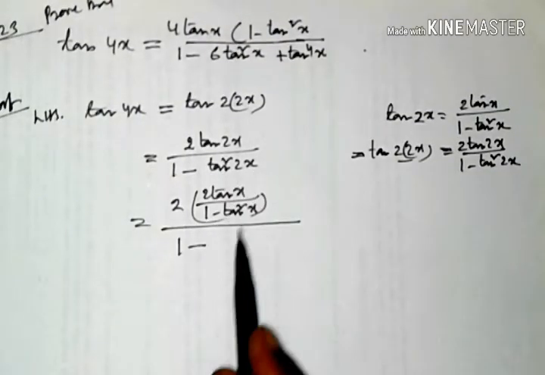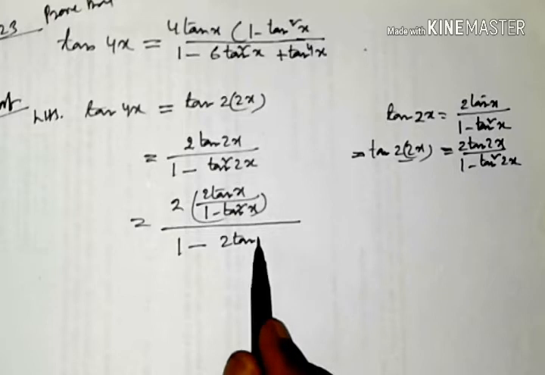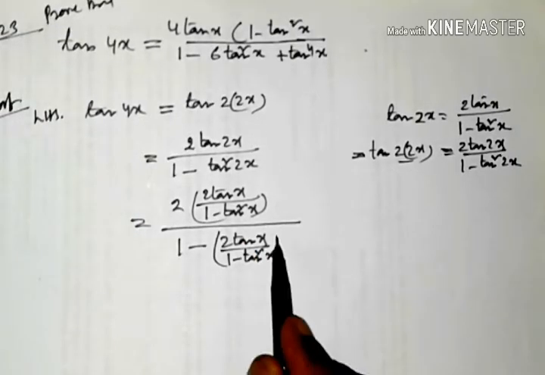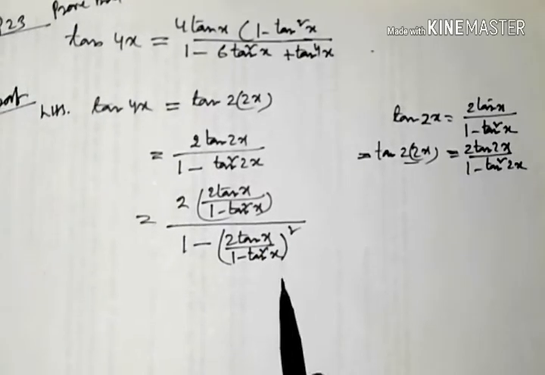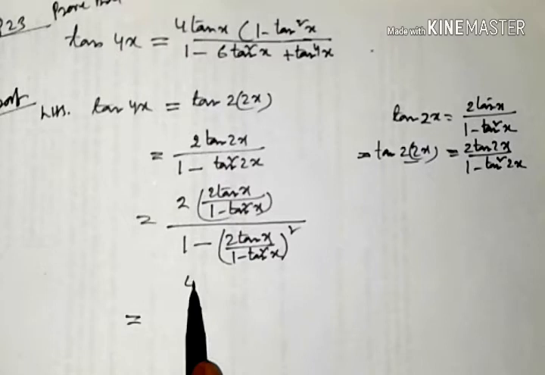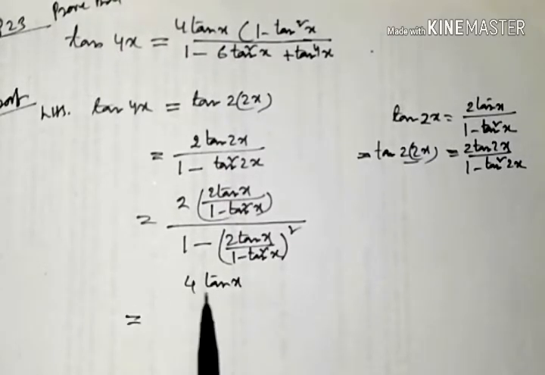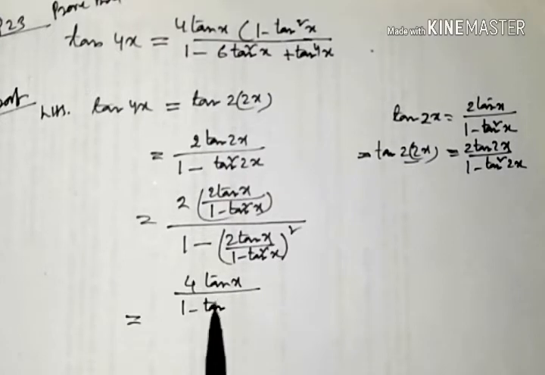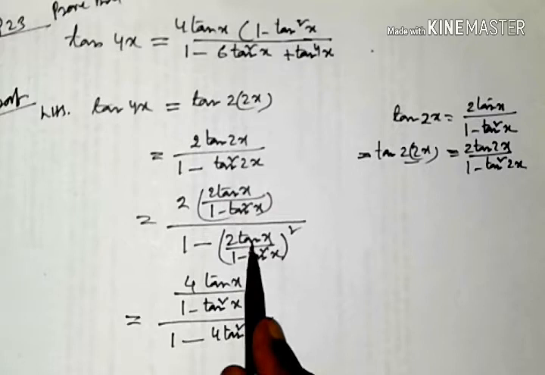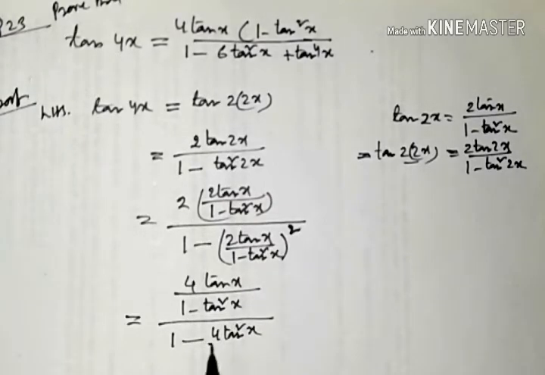So we get 2 times 2 tan x over 1 minus tan square x, divided by 1 minus tan square 2x, which is also 2 tan x over 1 minus tan square x, and there is a square, so we have to give square here.